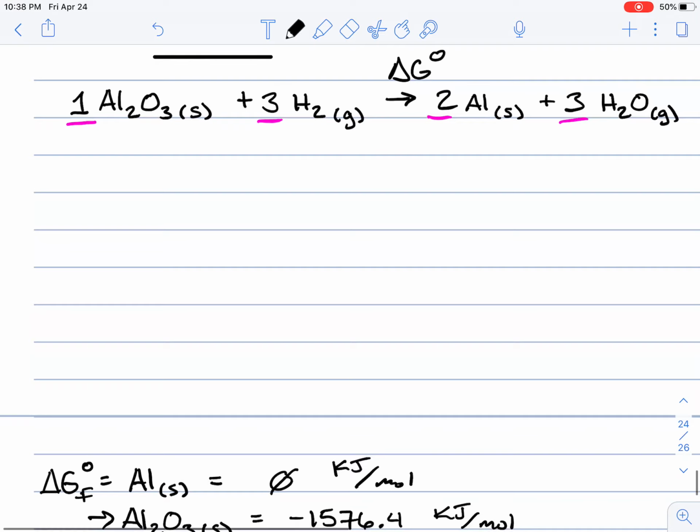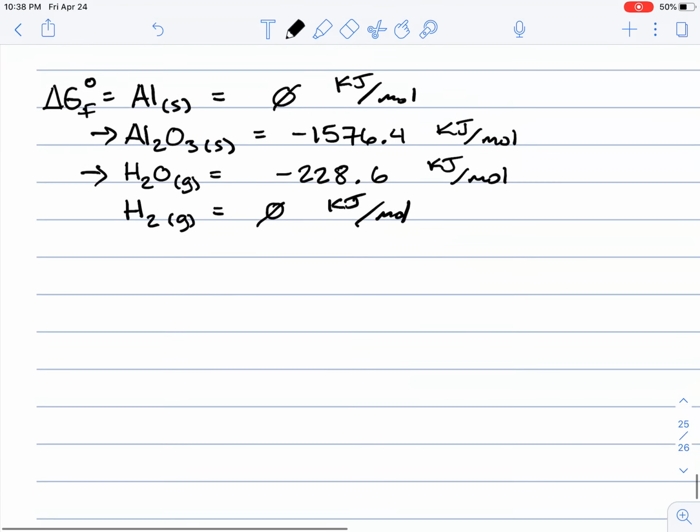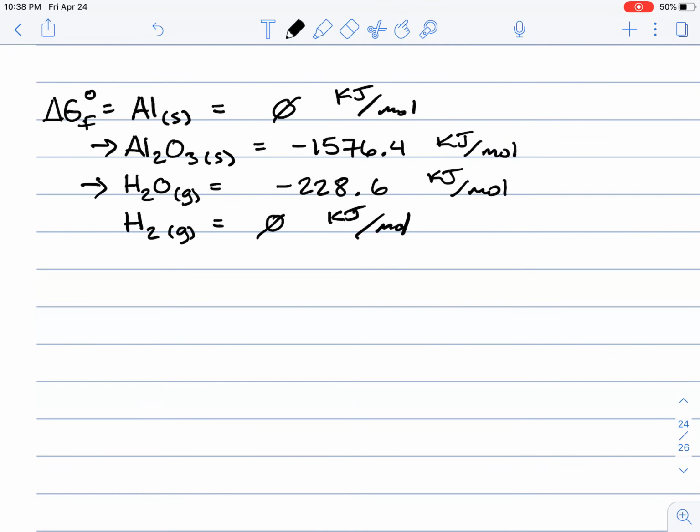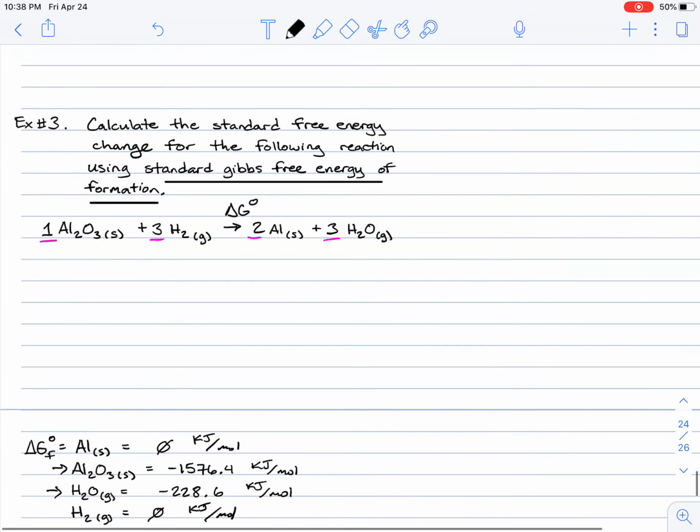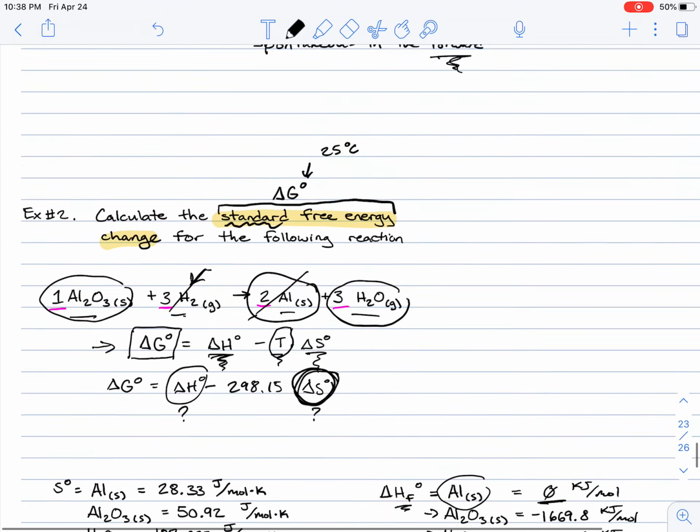And so all we're going to do is apply the modified version of Hess's law. So I'm just going to go ahead and copy and paste an equation here so I don't have to write it down.